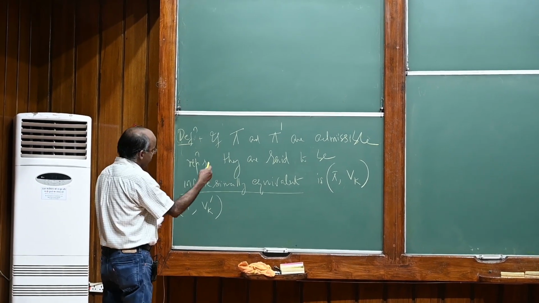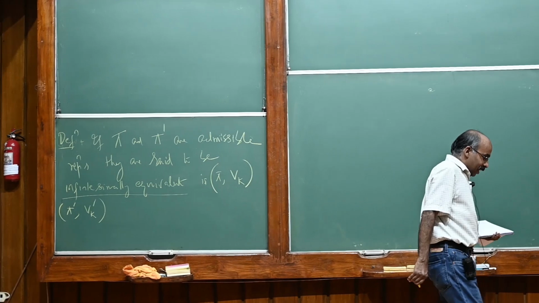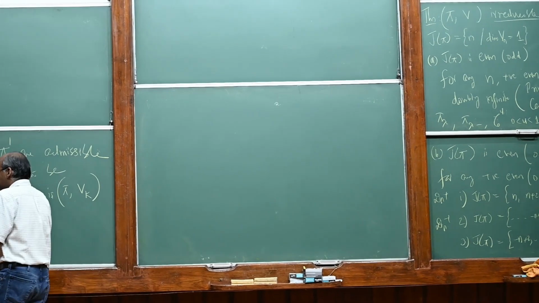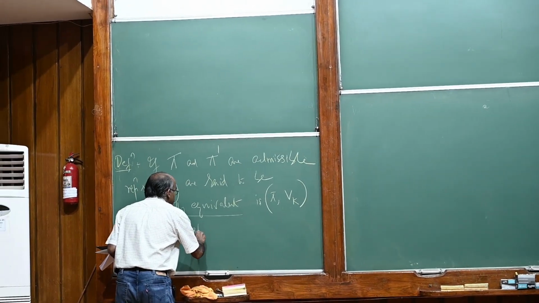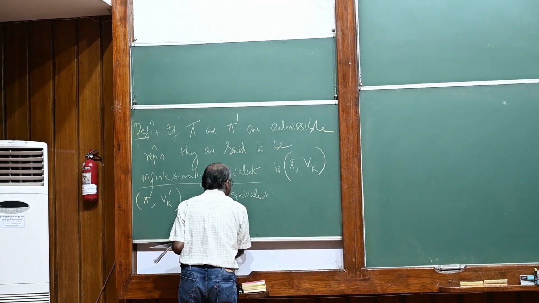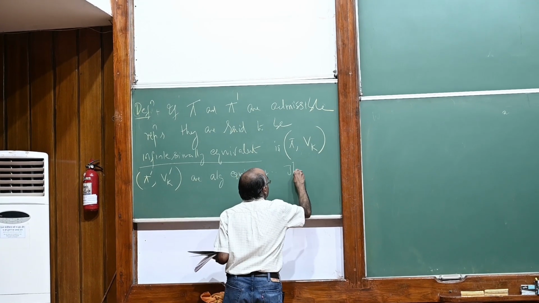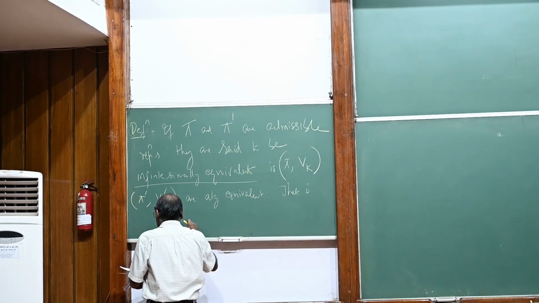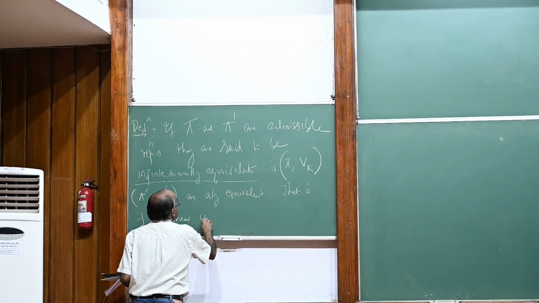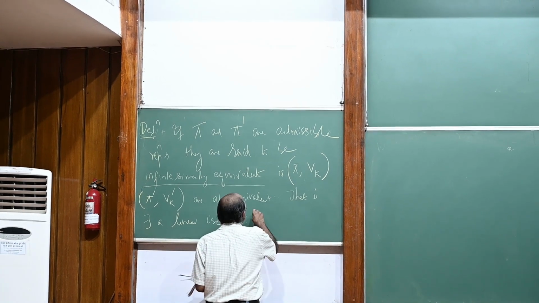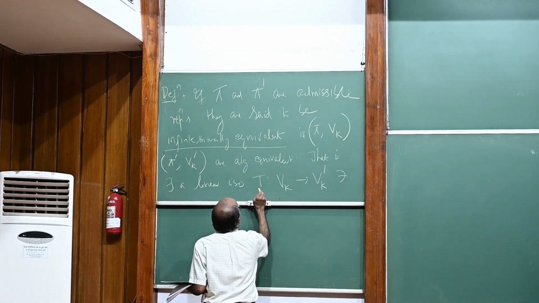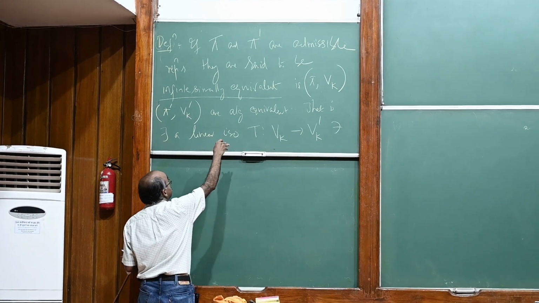So they are infinitesimally equivalent if the infinitesimal data are isomorphic, right? So that means they are algebraically equivalent, which means there exists a linear isomorphism T from the K-finite vectors to the K-finite vectors prime such that it should also commute the actions, right?